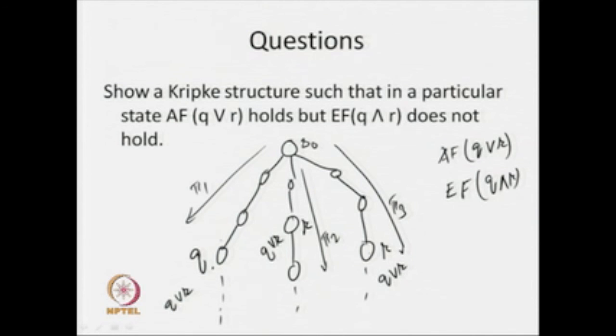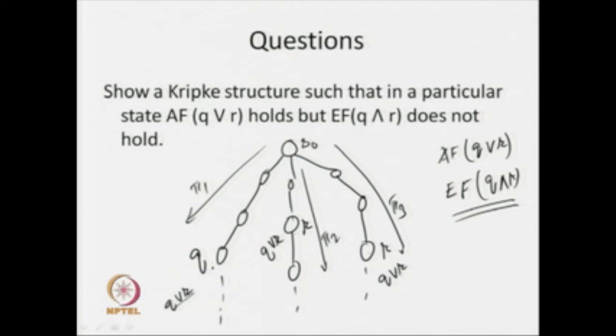So, in all three paths from S0 we have seen that we get one future state where q or r is true. So, we can say that in S0, AF (q or r) is true. Now, look at the second formula: there exists a path in future where q and r is true.